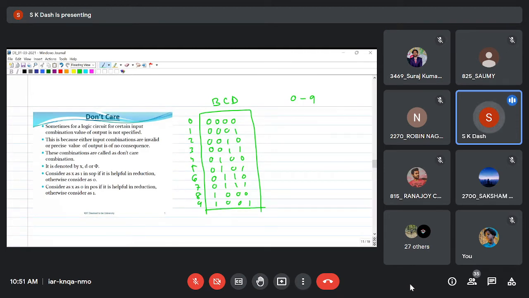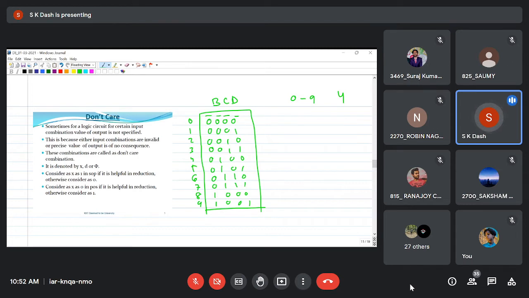So how many binary digits are we using? 4 binary digits. If you are using 4 binary digits or 4 inputs, how many possible combinations will there be? These are 4 positions. 16 possible combinations.